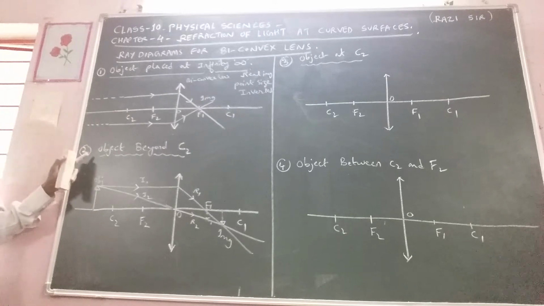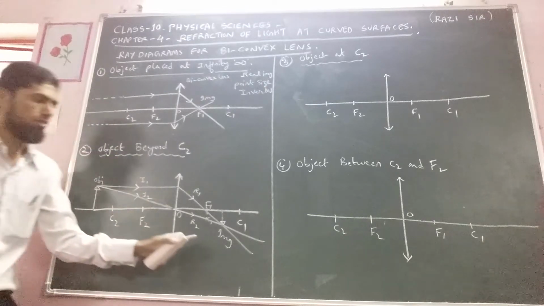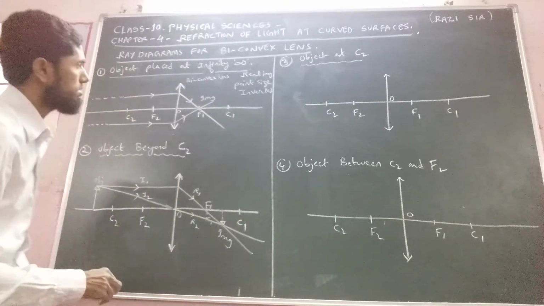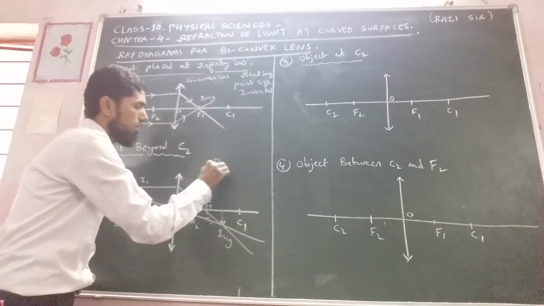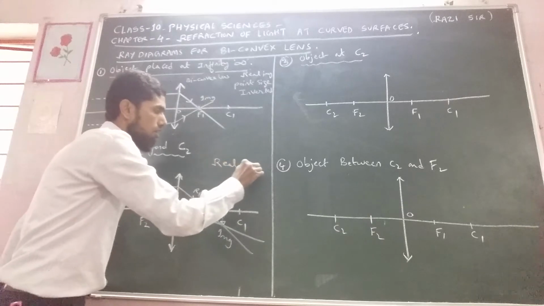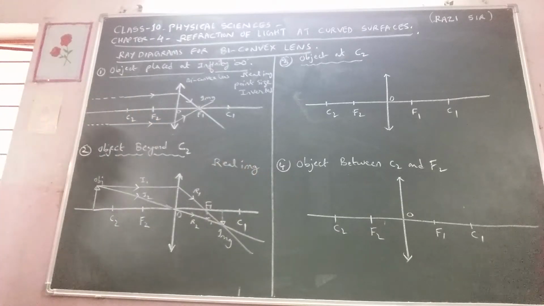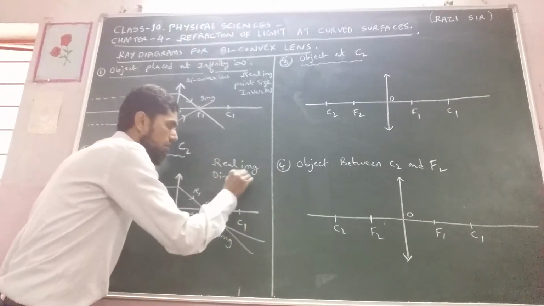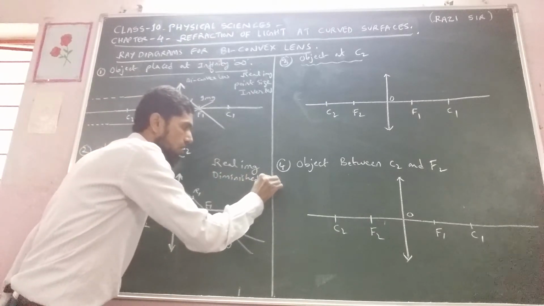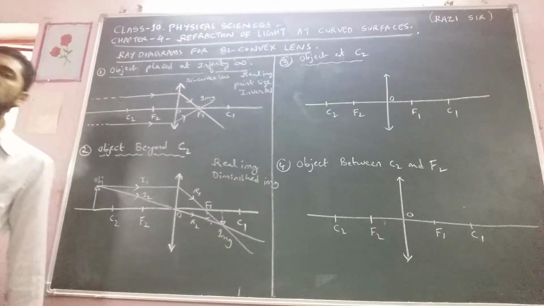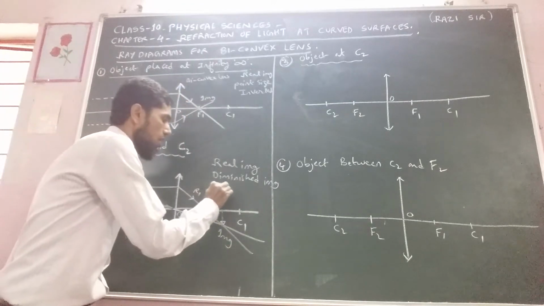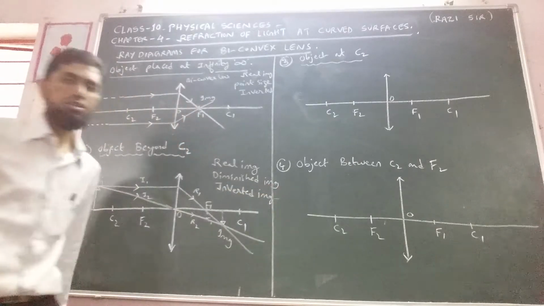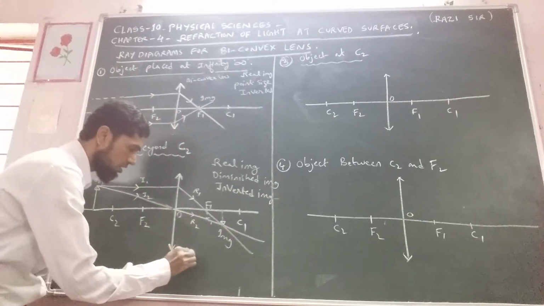So when the object is placed beyond the center of curvature, where do we get the image? Between F1 and C1. This is also a real image. The size of the image is smaller, so we call that a diminished image, and an inverted image. What is the position of the image?